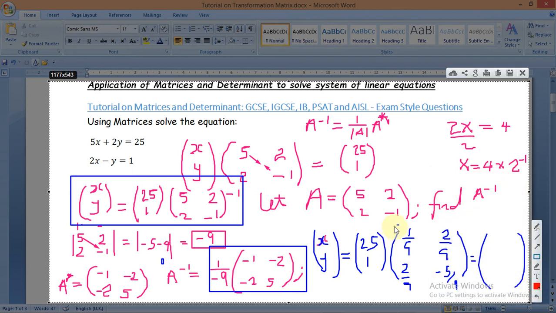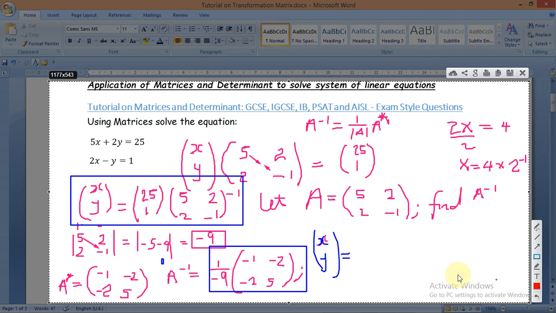It's row to column, okay? So this one here, let me just write it out. 1 over 9. Now that's what I have here.